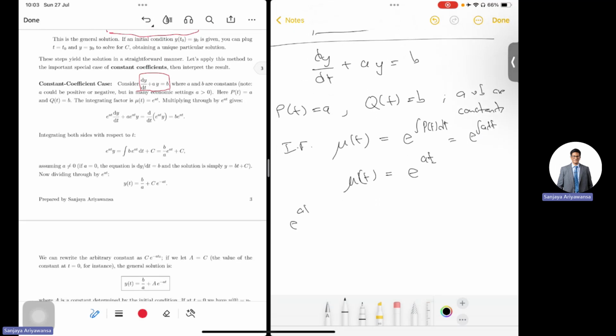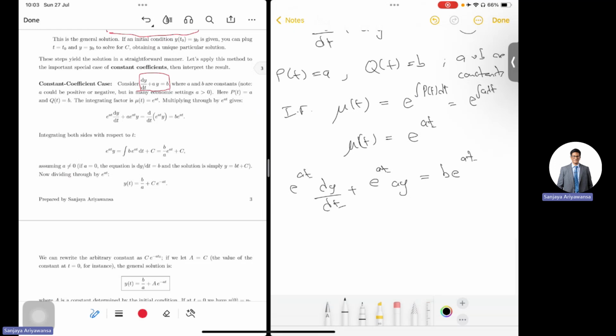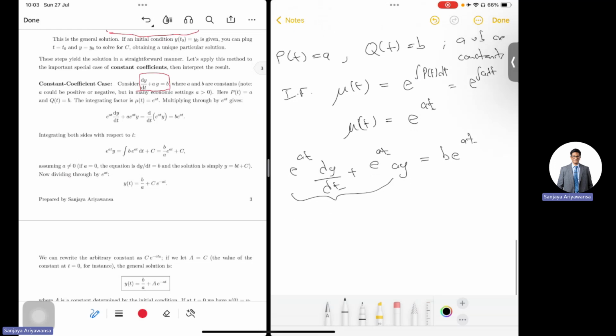So I multiply the whole thing by e to the power of at dy by dt plus, that is equation number 1, plus e to the power of at ay equals b times e to the power of at. Then this whole thing just simply boils down to d by dt of e to the power of at times y equals b e to the power at.